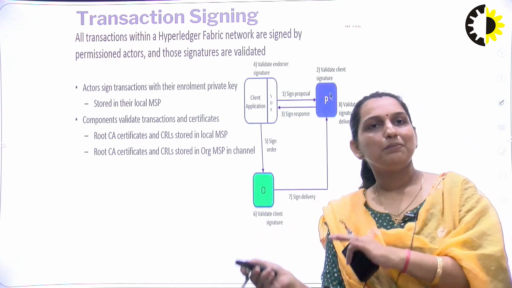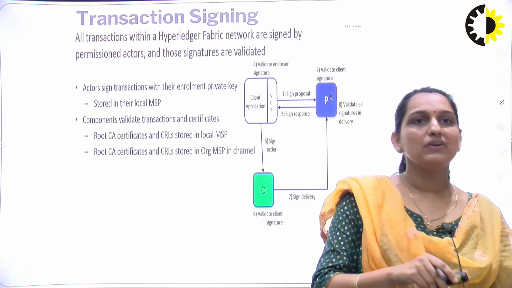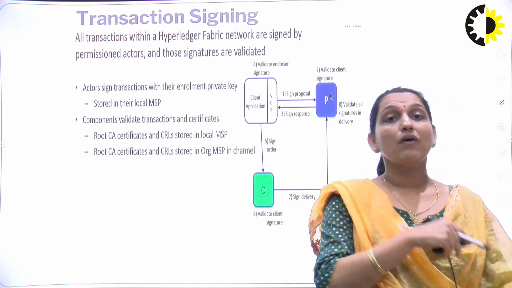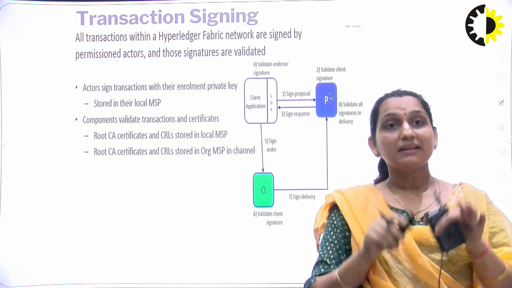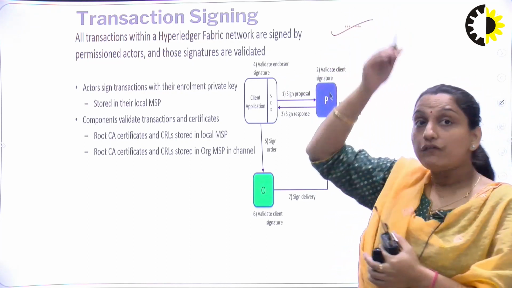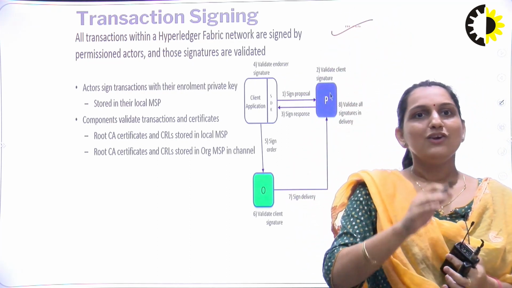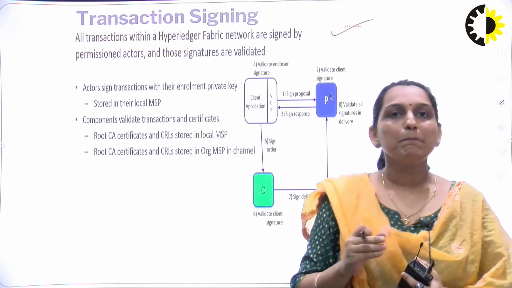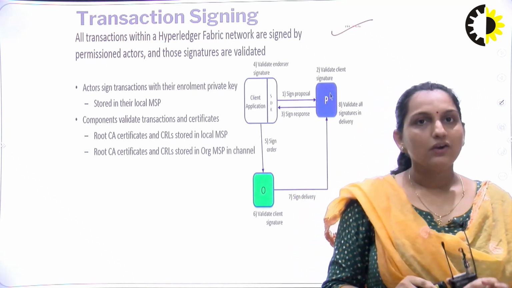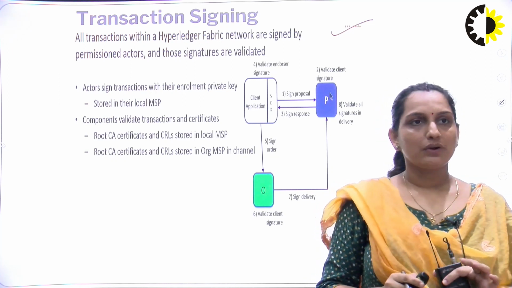We have a signing process, a validating process, and a response process, where the signature is delivered; if you have ordered anything, you validate it. So this is signing of every transaction, which makes it immutable. That's why we use blockchain in real-time applications.